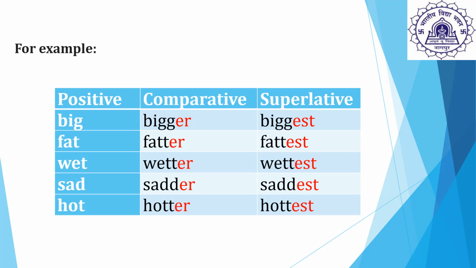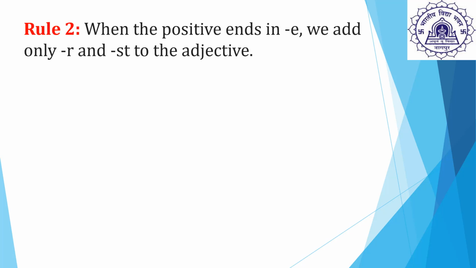The same applies to the other adjectives: fat, fatter, fattest; wet, wetter, wettest; sad, sadder, saddest; hot, hotter, hottest. So I think the first rule is clear to all of you. The second rule says that when the positive ends in the alphabet E, we add only an R and ST to the adjective.